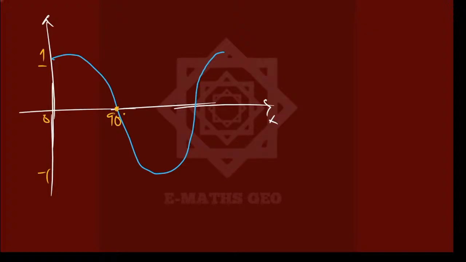This is 360, this is 270, this is 180. The same way, for the vertical asymptotes, since sec is 1 over cos, and we know there are some places where cos is 0, which is at 90 and 270.